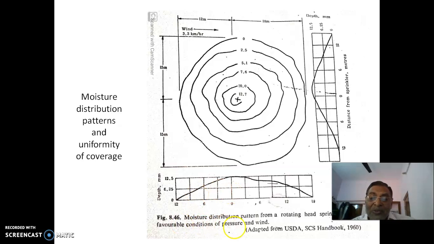This is a moisture distribution pattern from a rotating head sprinkler under favorable conditions of pressure and wind. Of course, wind direction also will influence.